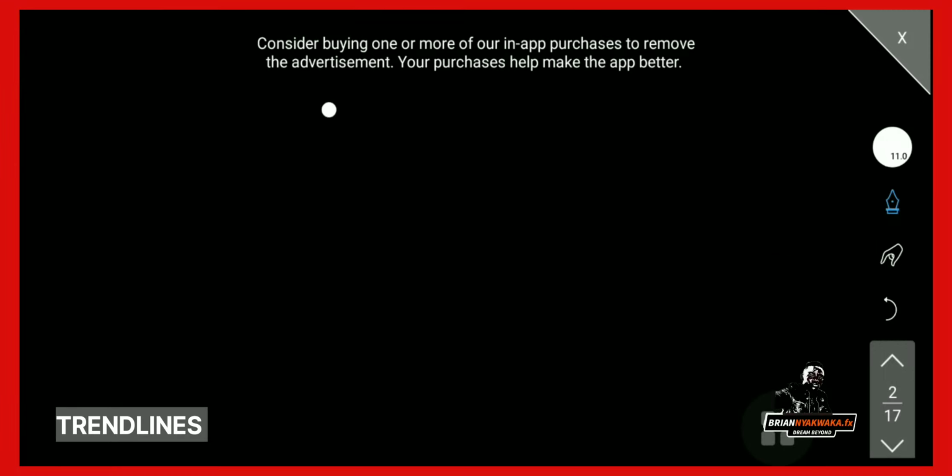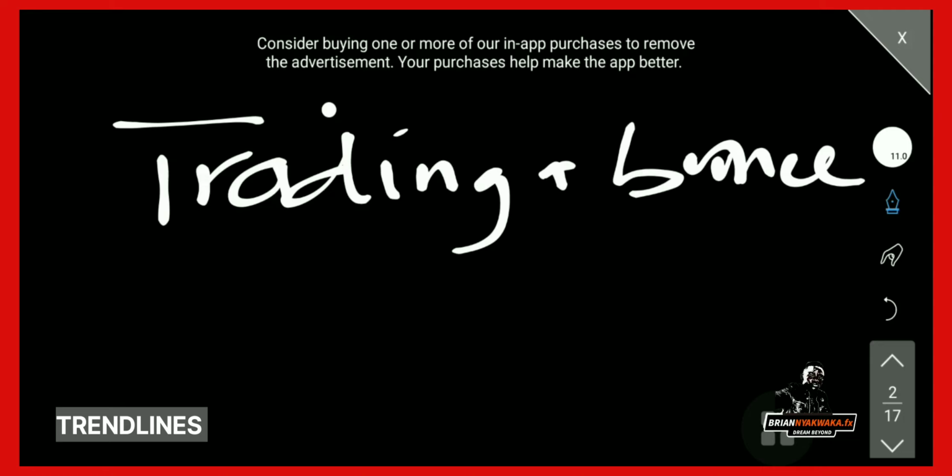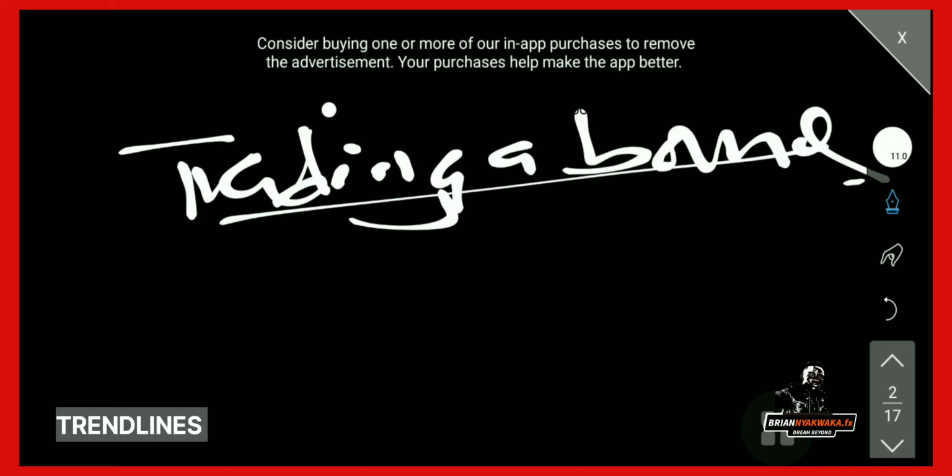Secondly, we're going to discuss trading a bounce. Just from the word bounce, this means that price bounces back from the support and resistance zone. So in trading a bounce, you sell when the price is approaching the resistance zone, and you buy when the price is approaching the support zone.